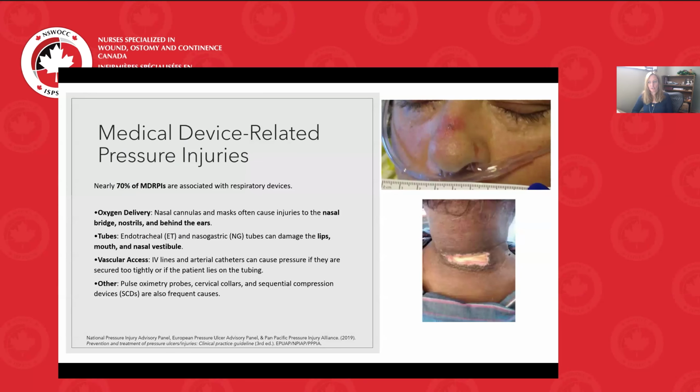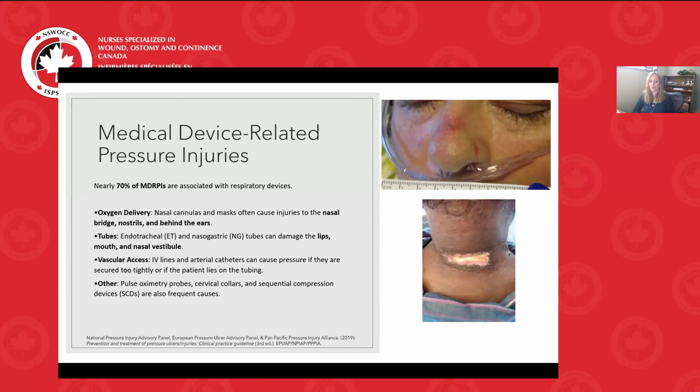When we talk about pressure injuries related to medical devices, nearly 70% of those are associated with respiratory devices. Whether that is a BiPAP, a CPAP, or oxygen tubing itself, sometimes you can get it from tracheostomies also.